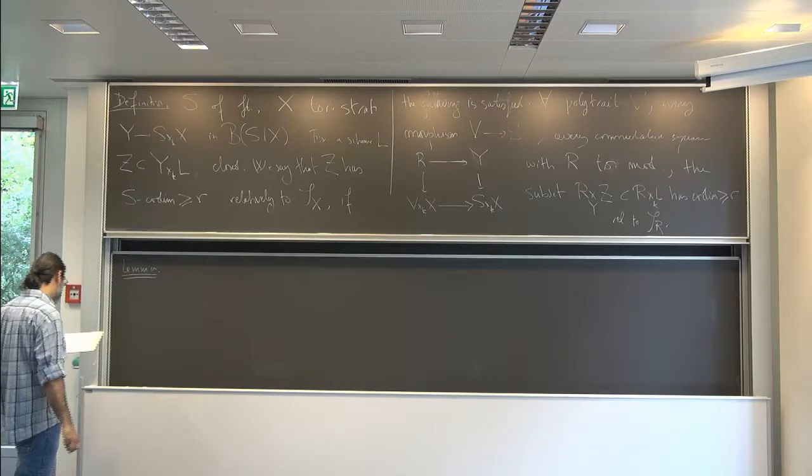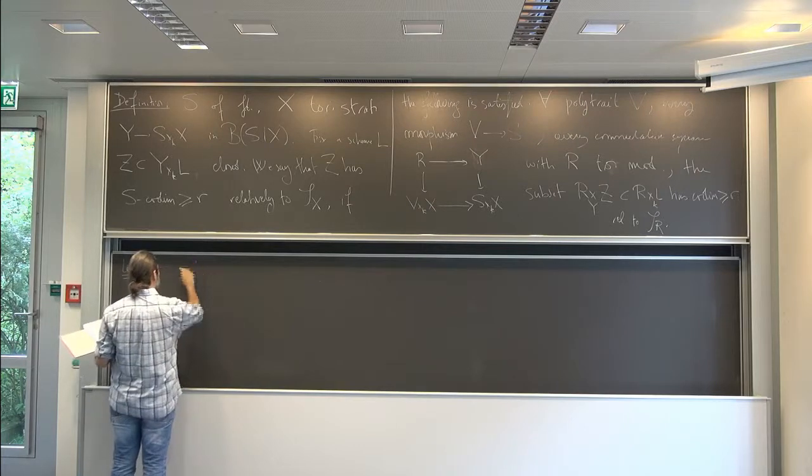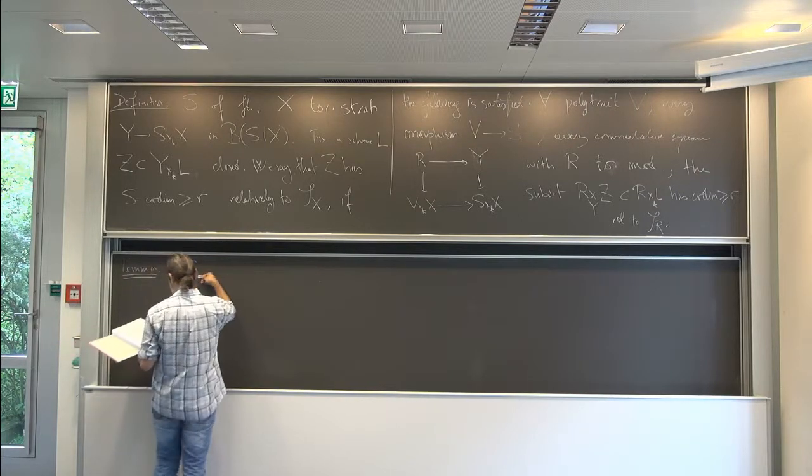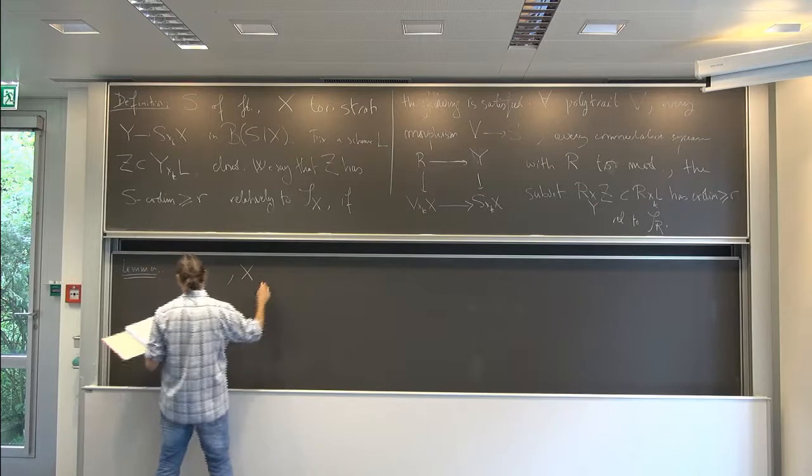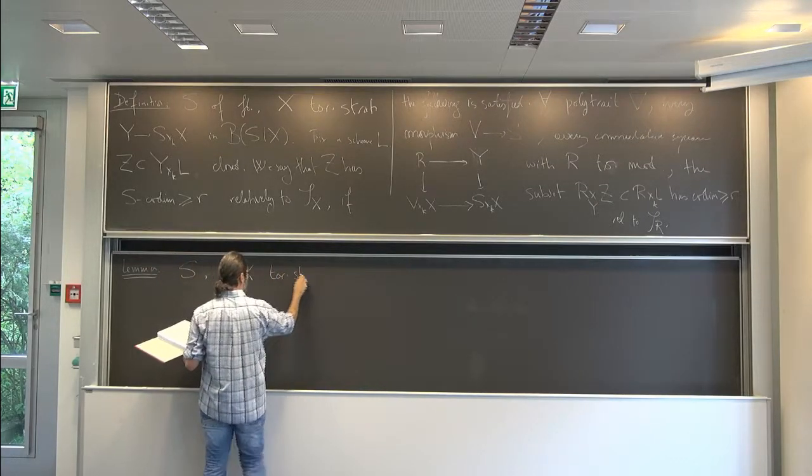So the lemma says the following. Again, let S be of finite type, X as before toroidally stratified.